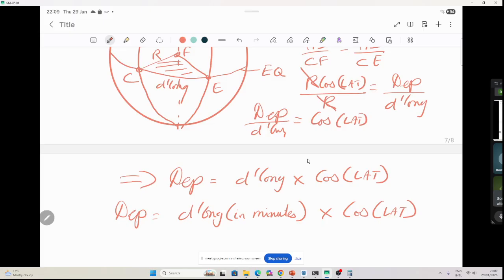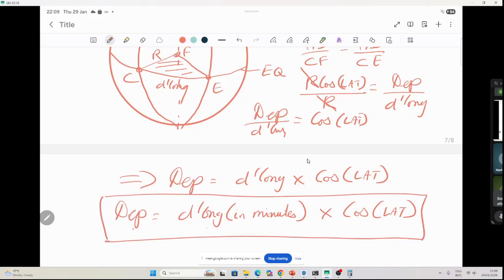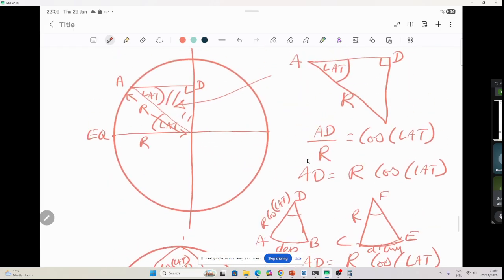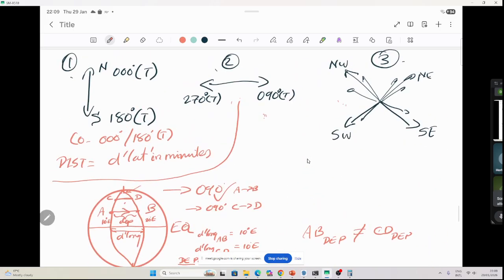If it is minutes, everything needs to be in minutes. Okay, but the latitude, since the latitude is a degree, it doesn't matter because it is inside cos. So that's okay. But departure and d long need to be in the same units. So if departure is in minutes, d long needs to be in minutes as well. So this is your formula to find the distance in your second case.